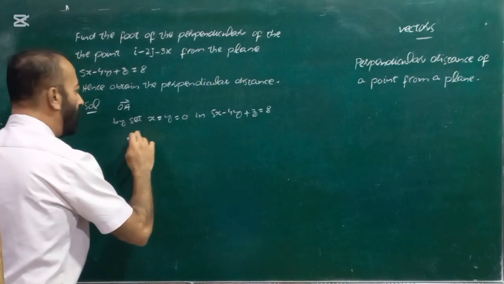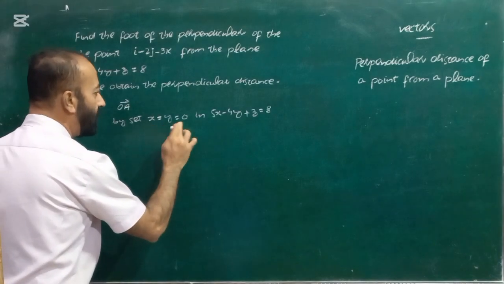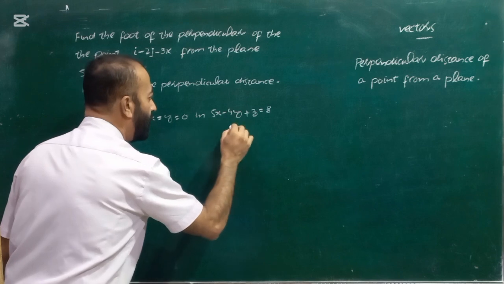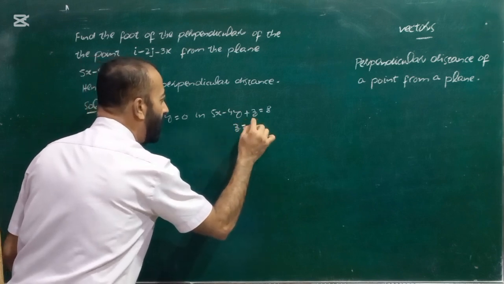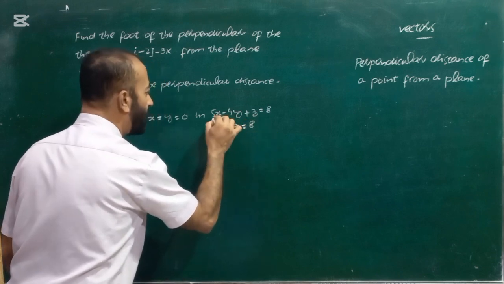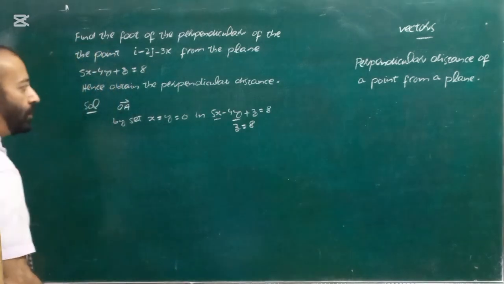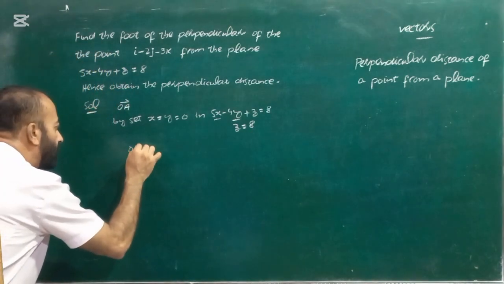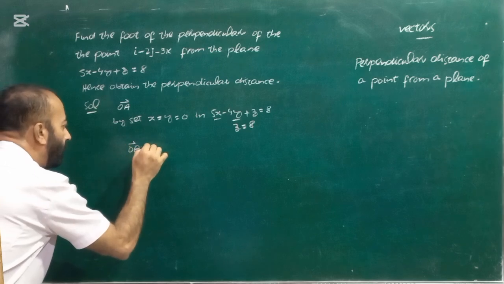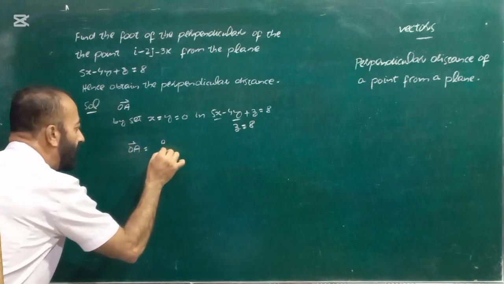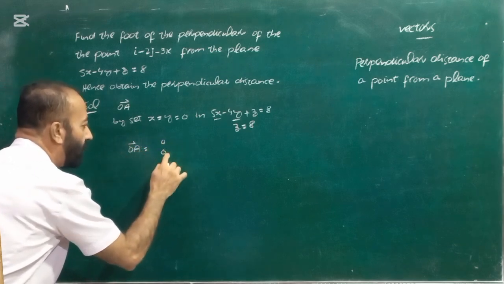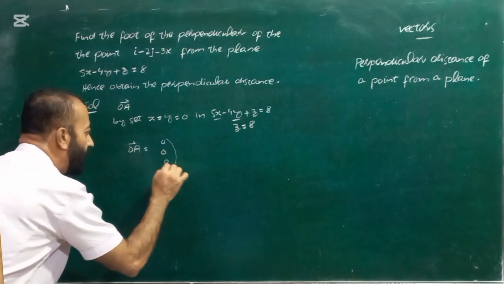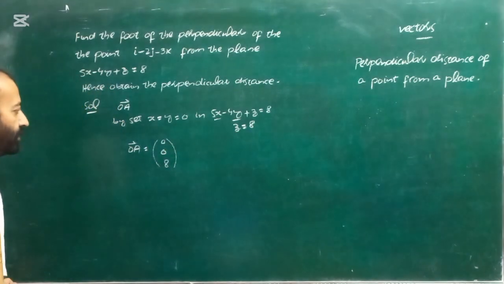So look now, when x is equal to y is equal to 0 is set in this plane, z will be equal to 8 because this factor and this factor will become 0. So z will be 8 and OA will become 0, 0, 8, because x and y are 0 and z is 8.